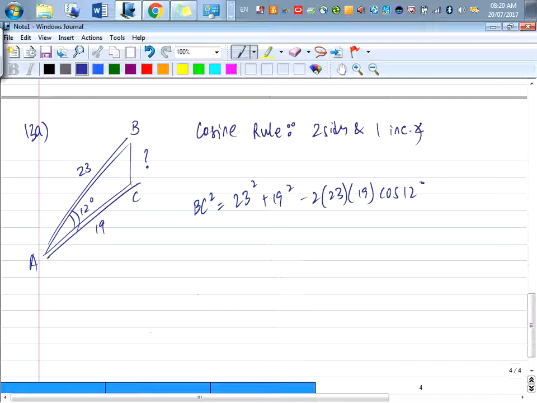Yes, you see that this 23 over here and this 23 appears again, 19 and 19 appear again. So as you practice more writing your cosine rule, you'll be very familiar with it. It is a very simple formula to apply. Then you'll find BC equals to, just take the square root.